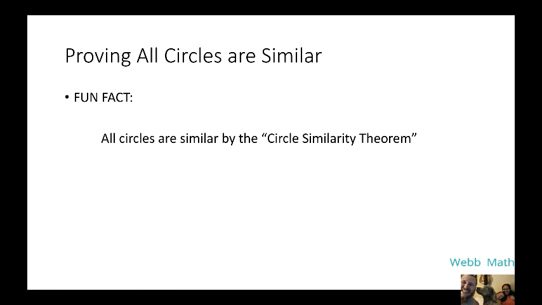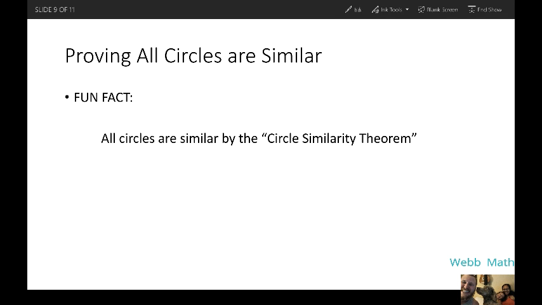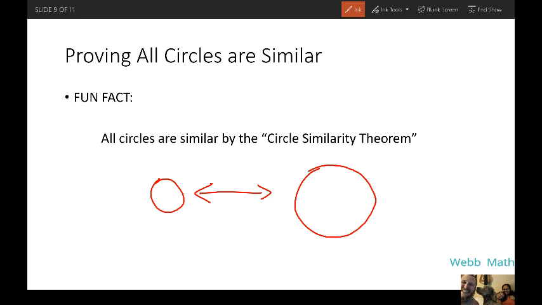Fun fact, proving all circles are similar. All circles are similar by the circle similarity theorem. The only thing that changes is through dilation, or even vice versa, going the other way, getting smaller.